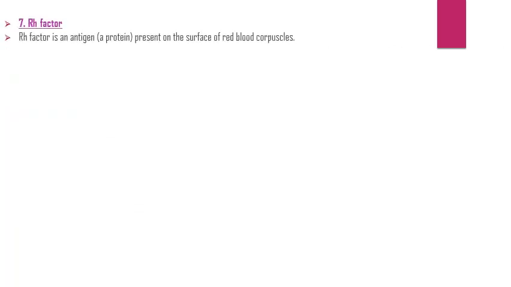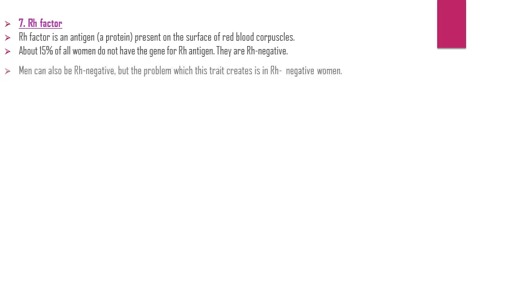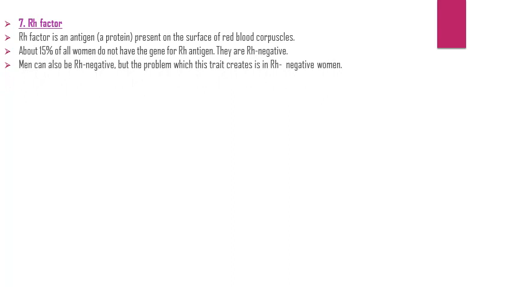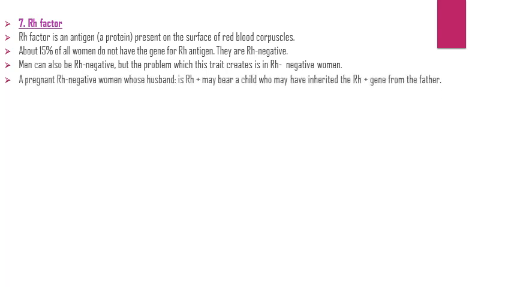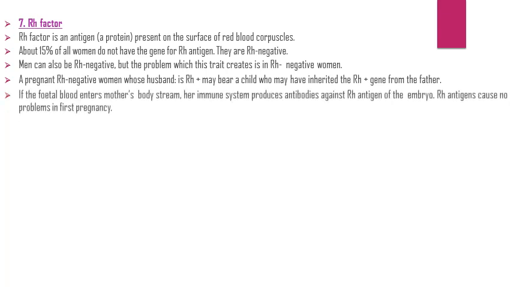Rh factor. Rh factor is an antigen present on the surface of RBCs. About 15% of all women do not have the gene for the Rh antigen; they are Rh negative. Men can also be Rh negative, but the problem this trait creates is for an Rh negative woman. A pregnant Rh negative woman whose husband is positive may bear a child who has inherited the Rh positive gene from the father.